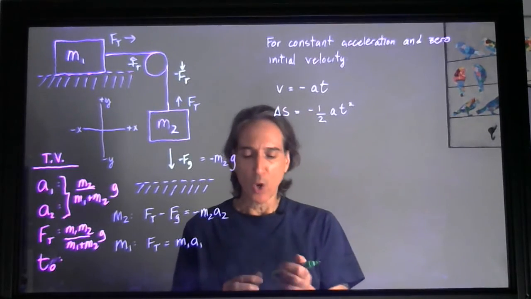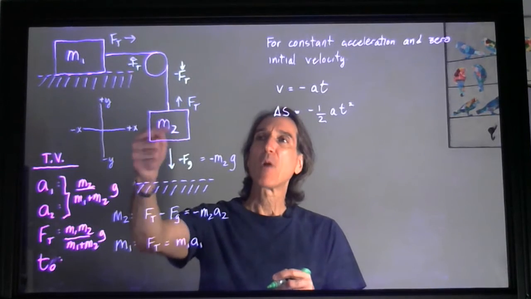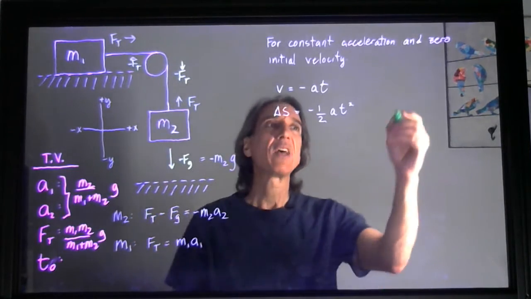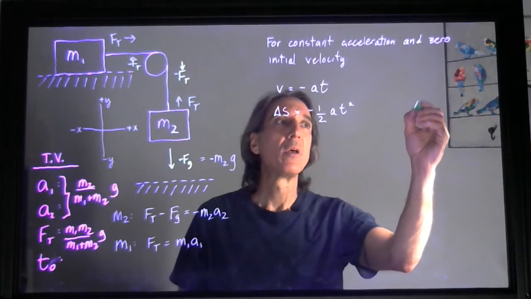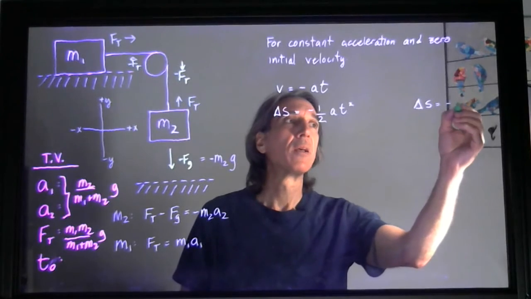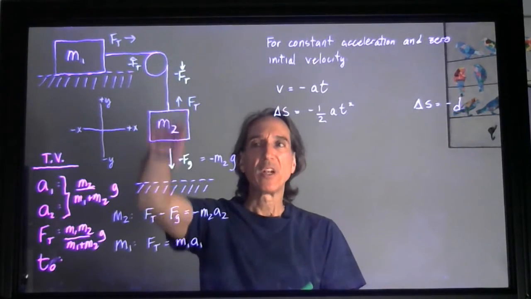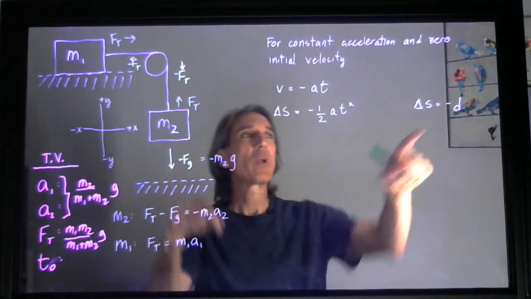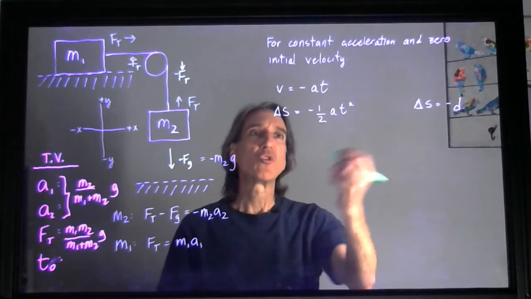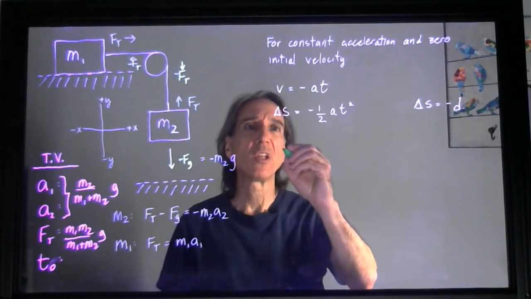So we do know that in this particular case, the distance, back from our original problem, between m2 and the surface, delta S, is going to be equal to minus d. Remember, this drops in a negative direction. This drops in a downward direction, so we assign a minus sign to the d. So we're just going to substitute minus d into this equation and solve for t.